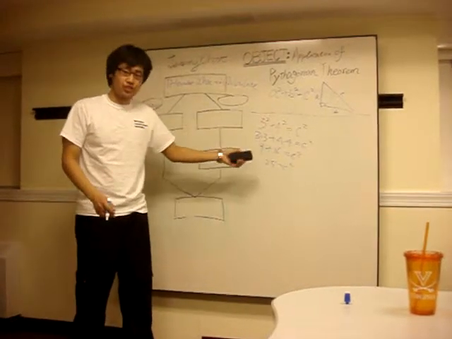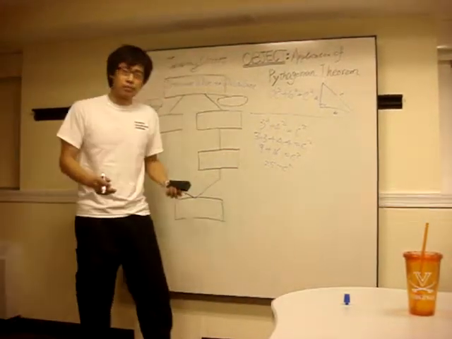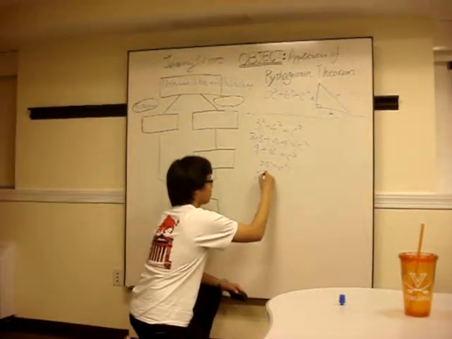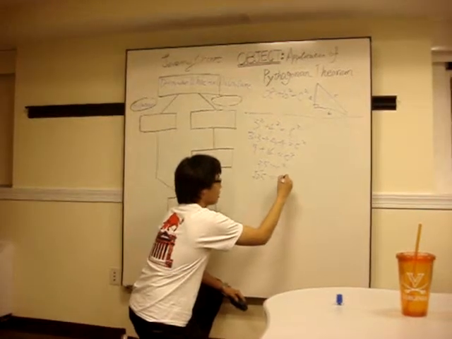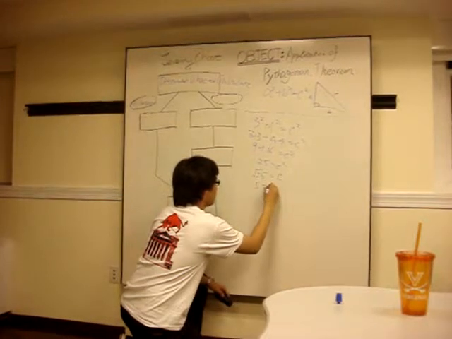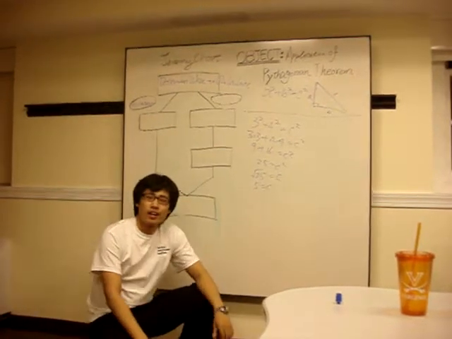What we want is just C, not C squared. So intuitively, we take the square root of that. We get the square root of 25 equals C, and the square root of 25 is 5. So C equals 5.